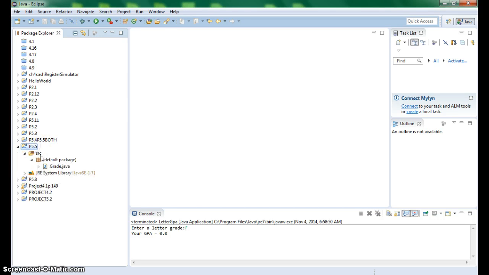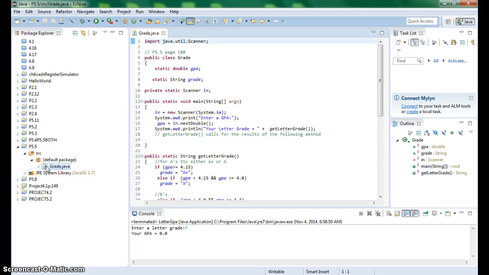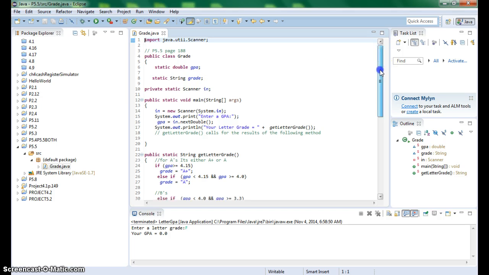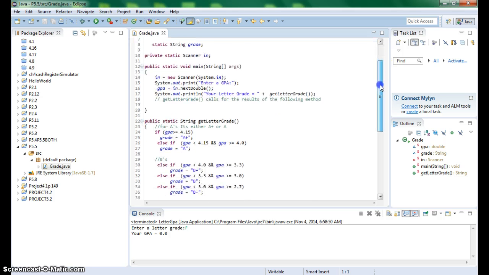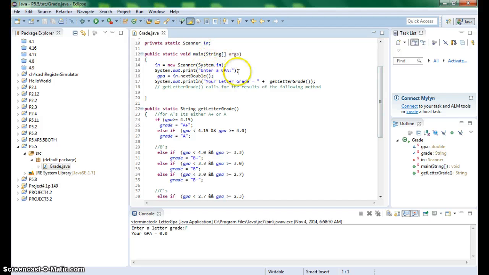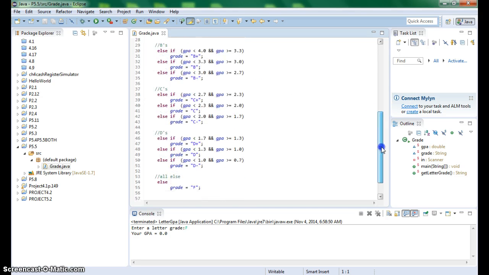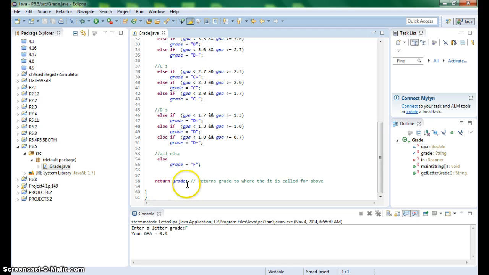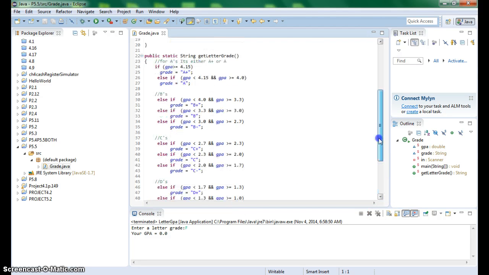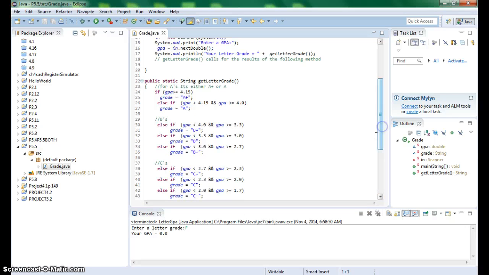So here's my fifth one, fifth and final. I know you're getting tired of hearing me. Here it's 5.5 on page 188, and it's kind of the same as before, just reversed. You enter a GPA, and it comes up with the letter grade, and here's where it calls for the method, and the method's here, and then it returns the grade. I just broke it up here.